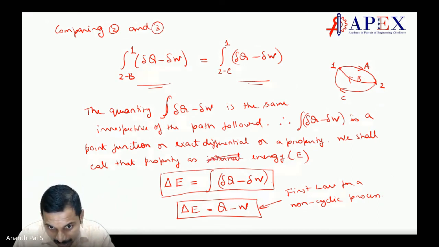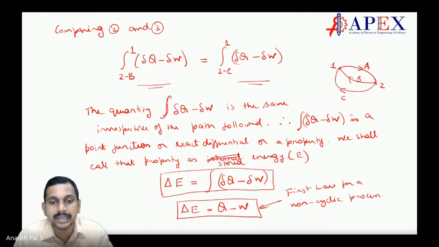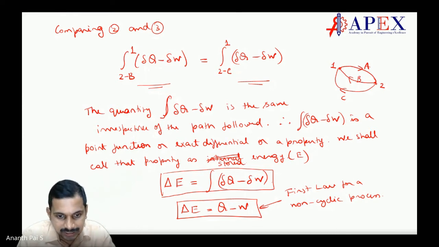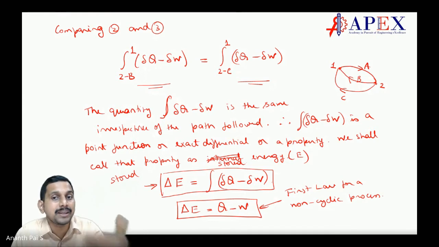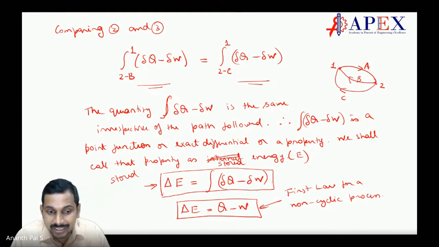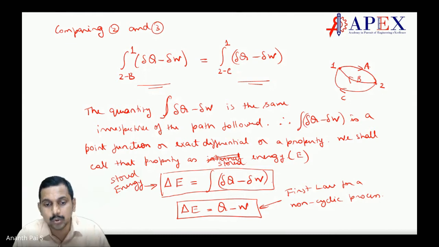It is not internal energy, it is stored energy. Make that correction. This delta E is stored energy. It is better to put only one cut, because generally we make this confusion that we say it is internal energy. It is not internal energy. It is the stored energy.